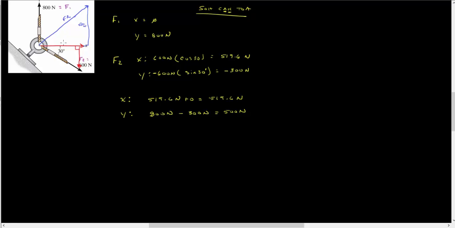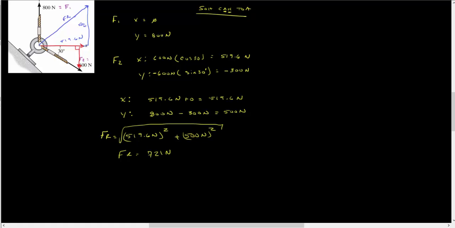It's easy to find my resultant force by using the Pythagorean theorem, which would be 519.6 newtons squared plus 500 newtons squared. Take the square root of that, I come up with 721 newtons.